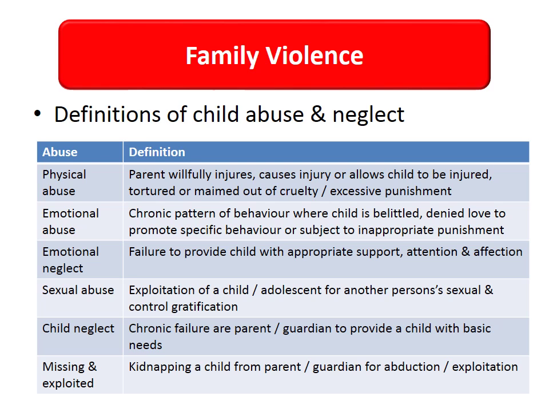These basic needs could be things like shelter, food and water, or proper clothing. The final category is missing or exploited children, where a child is kidnapped from his or her parent or guardian for either the purpose of abduction, for example, ransom, or to exploit the child either through physical labor or sexual abuse.